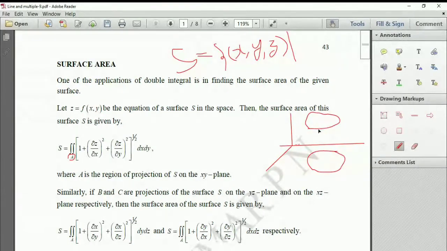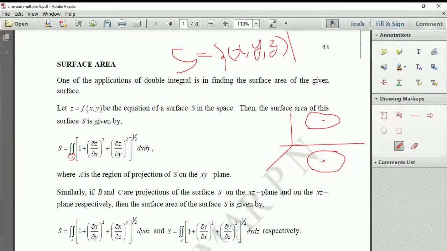If I take a point here, it has some x-axis length, y-axis length, and z-axis length from the origin. But when you pull this curve over here, z is made 0, so you simply have x and y coordinates.